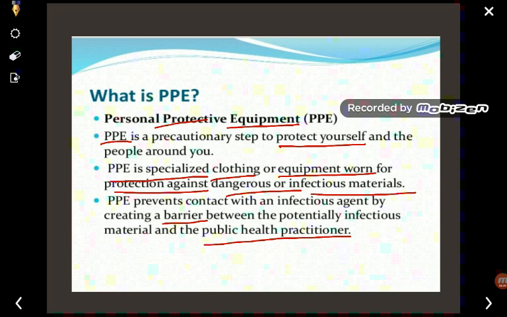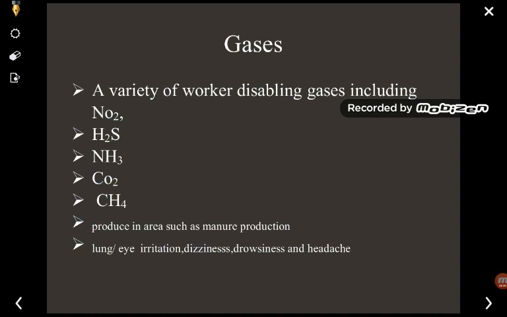Now coming up to the gases. So gases, a variety of disabling gases included. So workers जब एक मैन्यूअल लाइक इंडस्ट्री या फिर फर्टिलाइजर इंडस्ट्री, यहाँ पे साइट पे जब काम करते हैं, they used to face certain gas related problems or fumes.